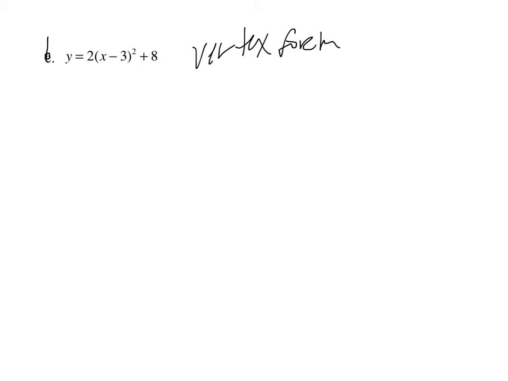Okay, so here's the h, here's the k, and it is already set up, minus and plus, so the signs are already set to go. So our vertex, much quicker to identify now, is 3, 8. The axis of symmetry is at x equals 3. It's always the same value as the x on the vertex because it goes right through the vertex.